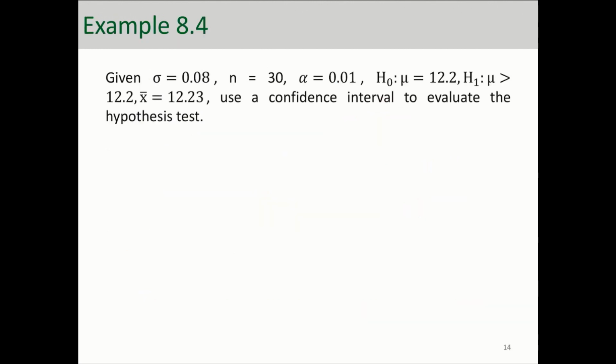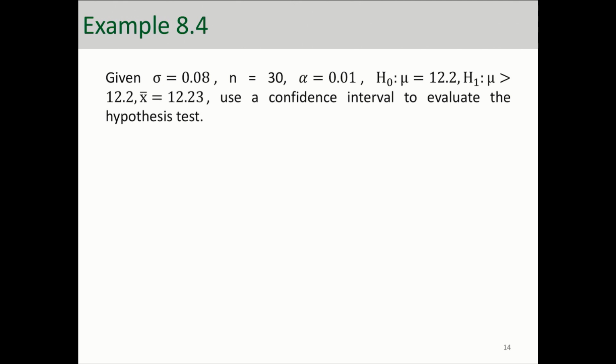So let's look at one example here that we had before. This is the example of volume of bottles. Basically, a company is making bottles and they want to make sure that the volume of these bottles is equal to 12.2 and alternative hypothesis mu more than 12.2.